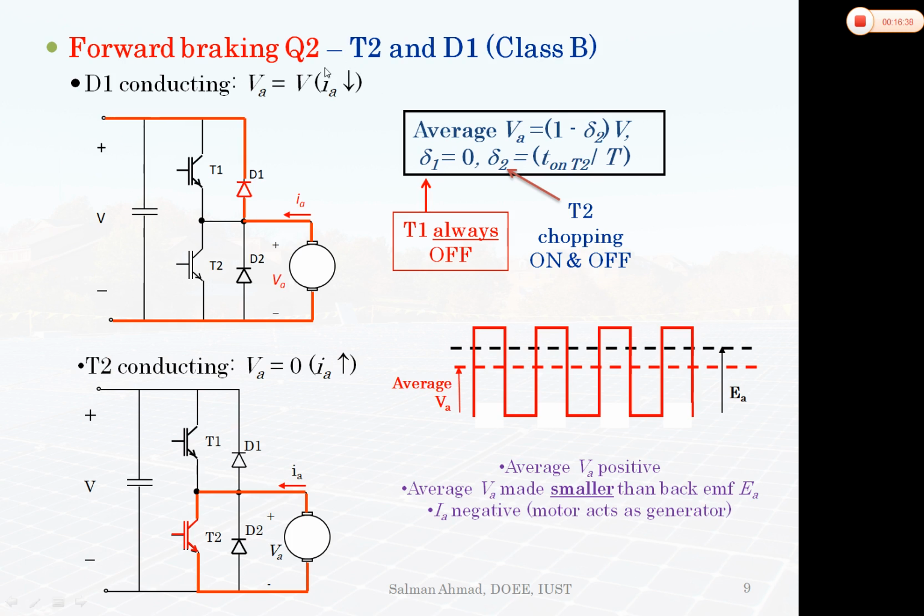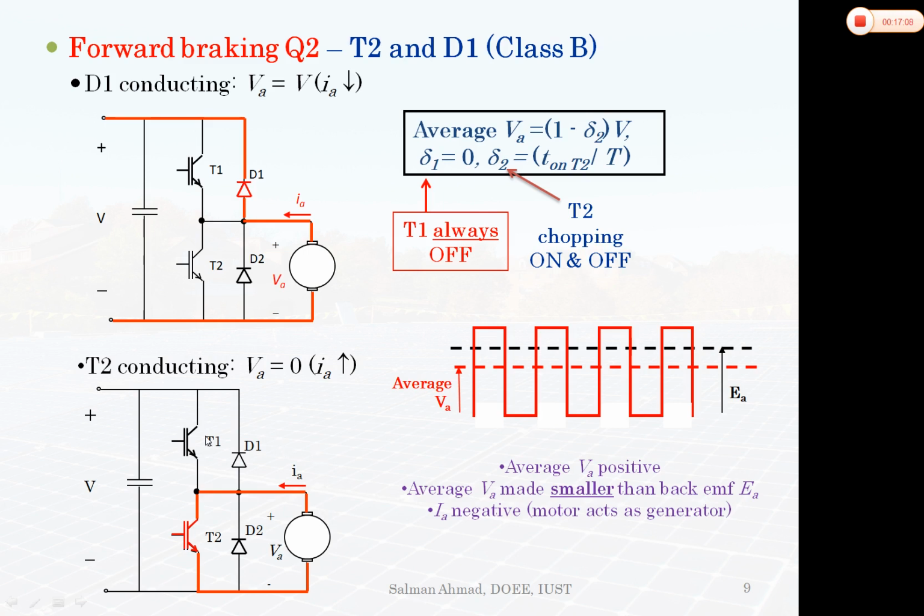Current is decreasing and the armature voltage will be the supply voltage. Now when T2 is turned on, the current will circulate through this transistor, and the energy stored in the rotating part of the machine will be supplied to the armature inductor, and the current will rise.